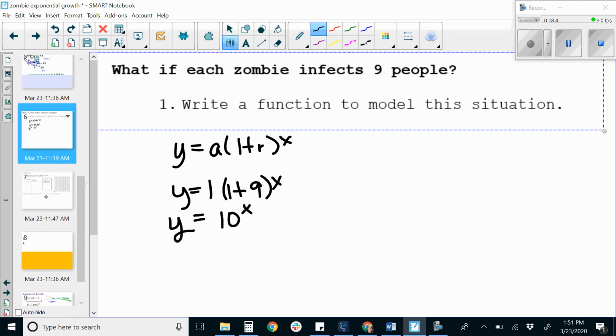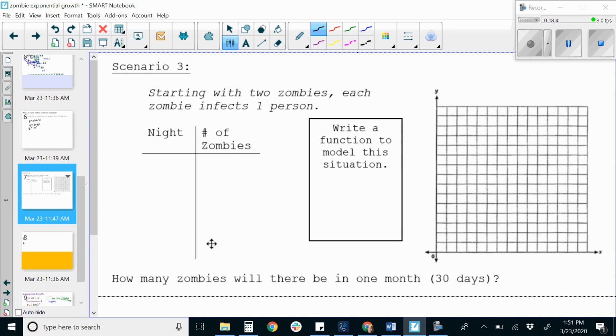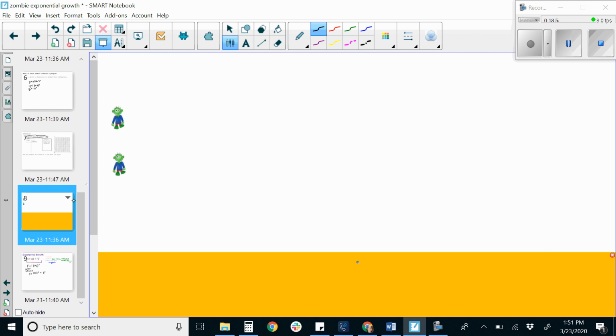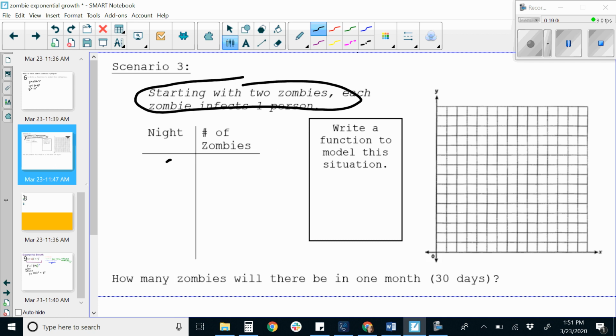All right, and last but not least, without us having to do all of this, if we started with 2 zombies and each one infected 2, how would that change it? All right, so night 0, we have 2, right?